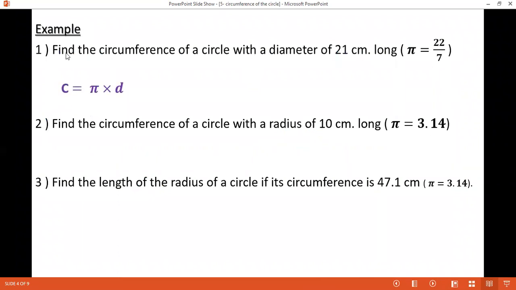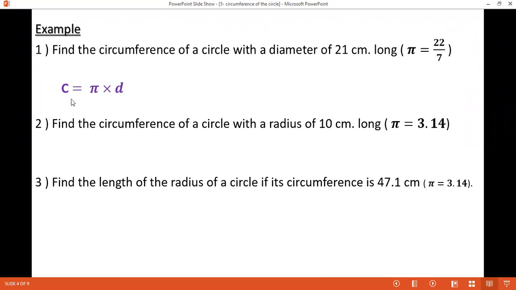The question is: find the circumference of the circle with diameter 21. This is the length of the diameter, and this is pi. Pi equals 22 over 7. So I'm going to use 22 over 7 instead of the word pi, and I will use 21 instead of the diameter.